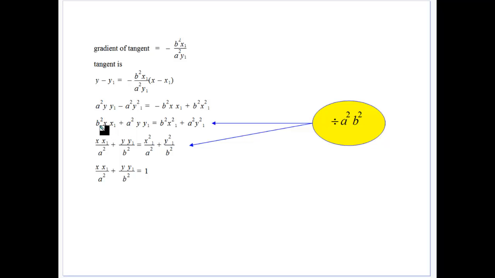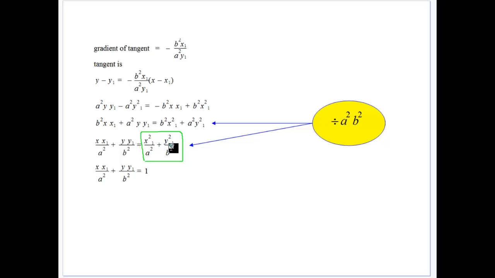So then if we go, okay, let's divide every term by a squared and b squared. So we get this situation. x times x1 on a squared, y times y1 on b squared is equal to x1 all squared on a squared plus y1 all squared on b squared. Now, if we look at that part, x1, y1 is a point on the ellipse.